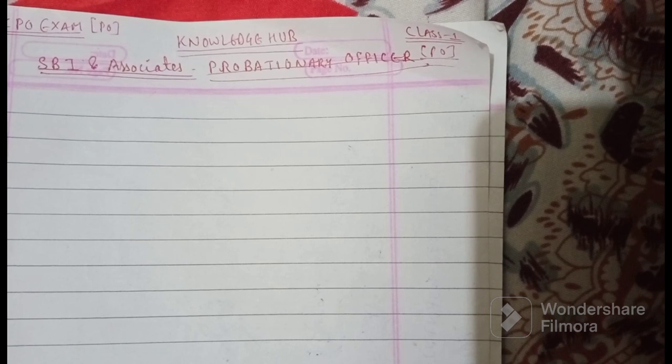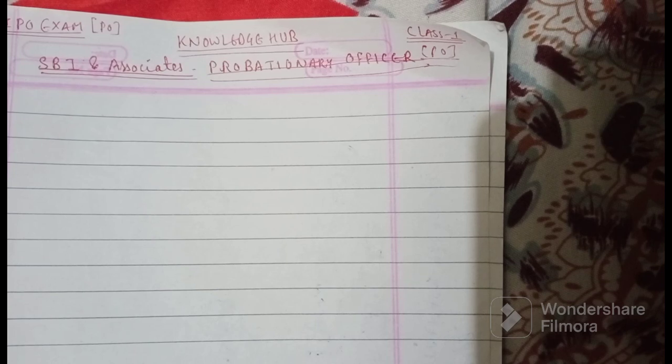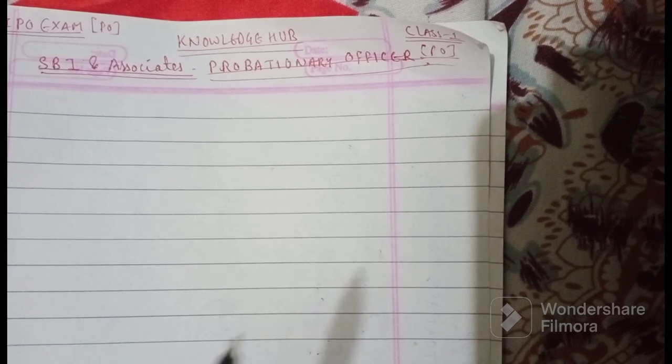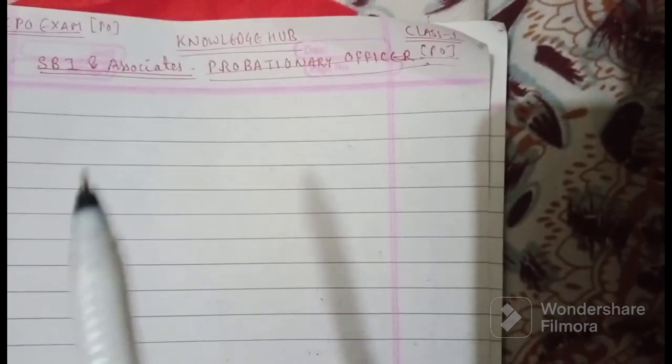In the same way, first of all we'll discuss the sections we will cover here. First we'll discuss some question papers related to it, so that you know how the question paper is arranged and how to solve it accordingly.